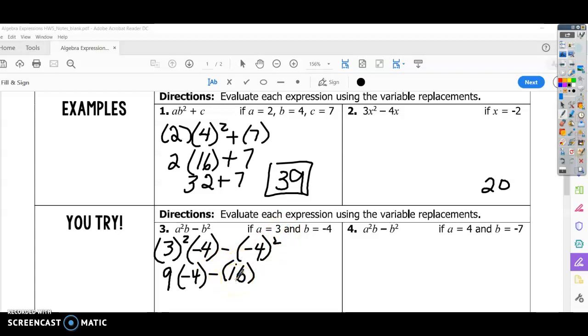You can put that in parentheses, or once you square the number, if you want to lose the parentheses, it's okay. Regardless, you've still got that negative there that came from the expression. 9 times negative 4 is negative 36. Bring down your negative 16. I'm adding two negatives, so I'm going to have negative 52.